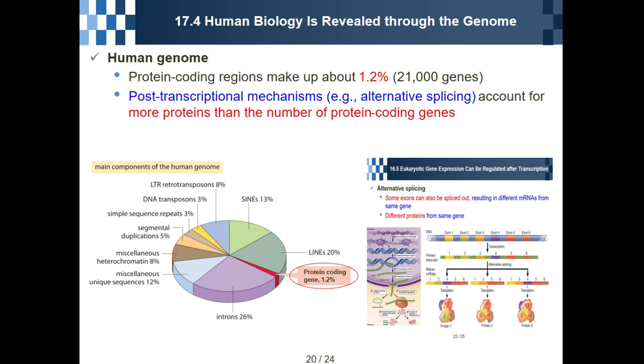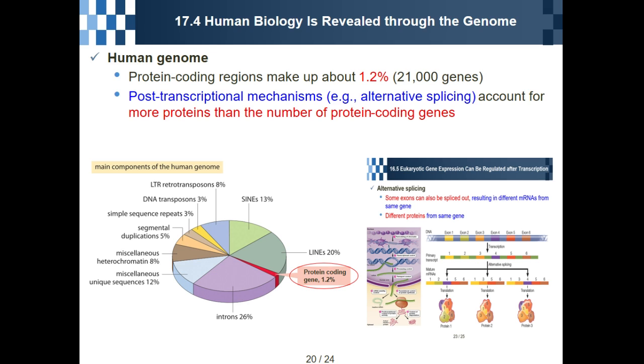The other one, intron, is 26%, and the other parts are like this. We don't know why. So the characteristic of the human genome is that only 1.2% is protein coding gene.